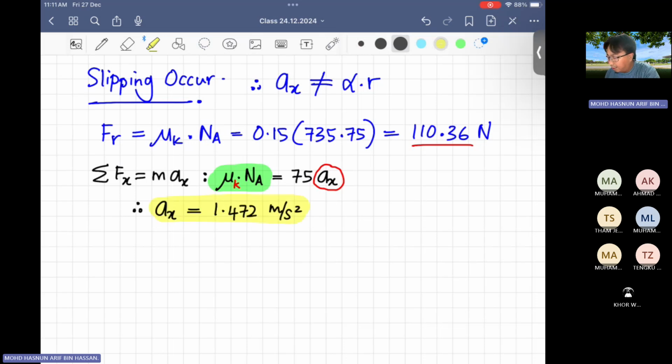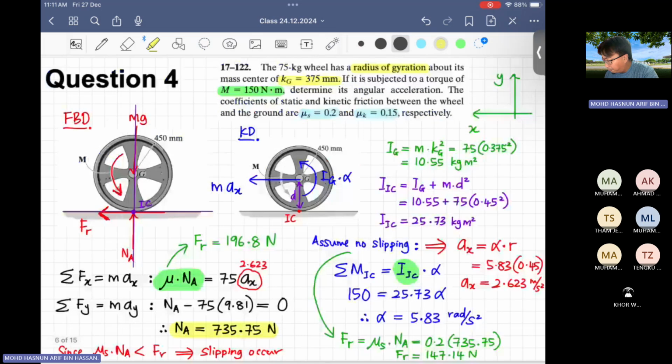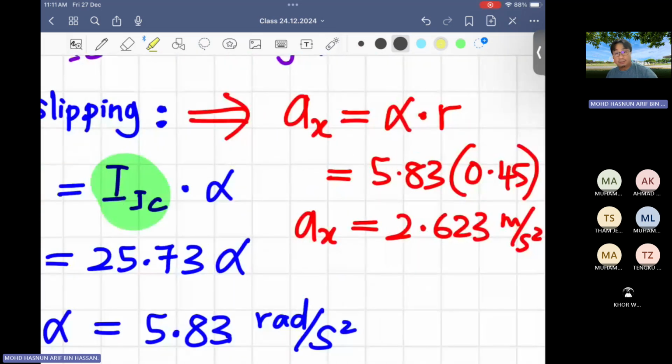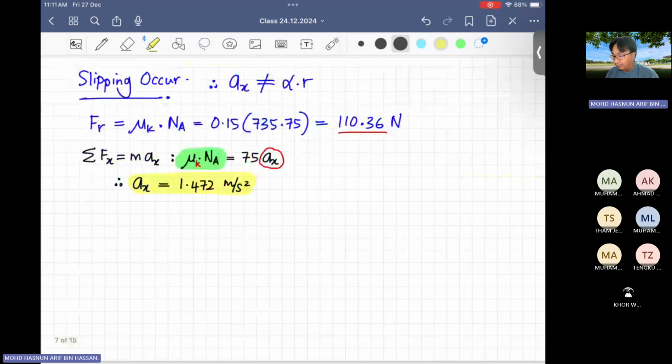You can see that the value of Ax here is very different from Ax that we get here, which is 2.623. This is based on the assumption that no slipping occur. But through our calculation, we know that slipping actually occur, and therefore the value of Ax is 1.47 instead of 2.6 that we have calculated previously.